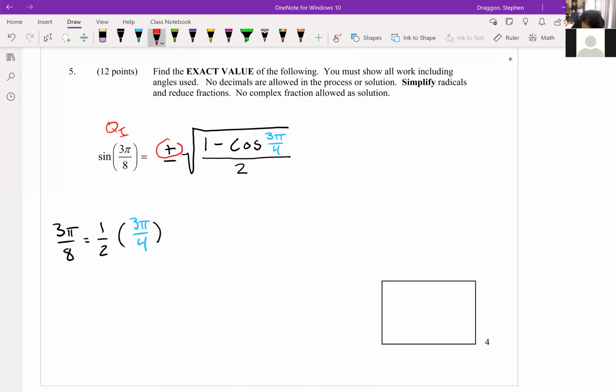So it's a mistake that wouldn't have cost me points, which is nice, but a mistake nonetheless. So yeah, 3 pi over 8 is in quadrant 1 because 3 over 8 is less than 1/2. That's usually my trick for figuring stuff out. So I just look at the coefficient on pi and relate it to 1/2, 1, 1.5, and 2, since those are the boundaries between quadrants.